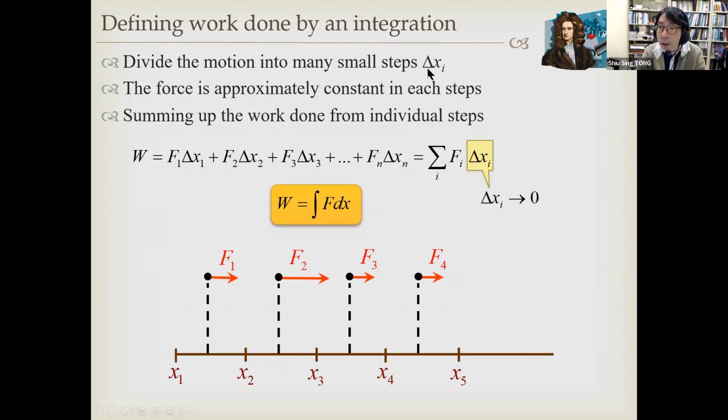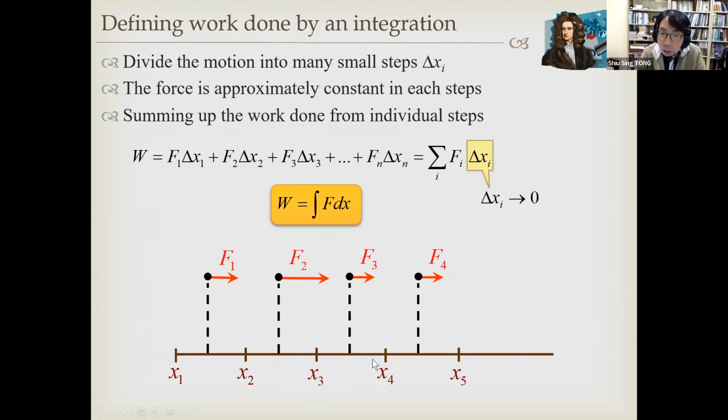The subscript i means the displacement in the i-th step, where the displacement is supposed to be small because we divide the motion into a lot of small steps. So when the object goes from x1 to x2, it has a displacement delta x1. When it goes from x2 to x3, it has displacement delta x2. We suppose each of these length intervals to be very small, or the corresponding time that the object travels is very small.